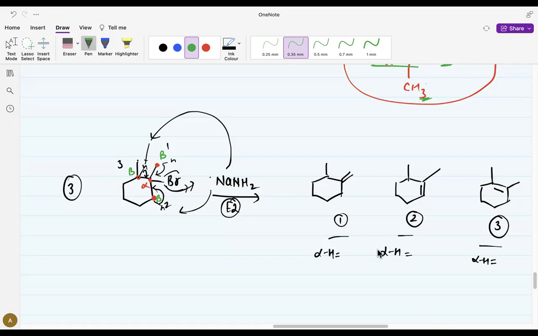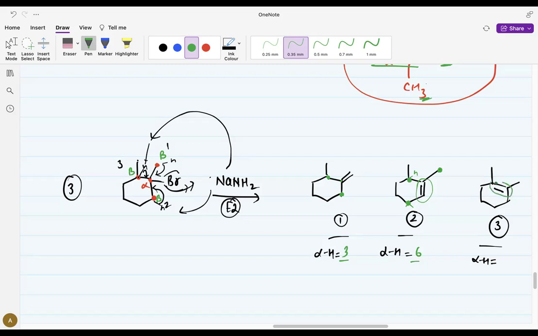See, here alpha hydrogen, this is alkene, this one carbon and this one carbon. Here 2 hydrogen, here 1 hydrogen, 3 alpha hydrogen here. This is alpha carbon, alpha to alkene. How many hydrogen here? 3, 4, 5, 6, 6 here. But how many here? Check.